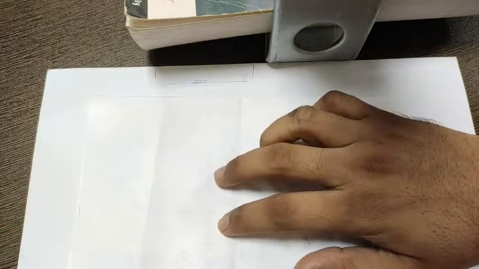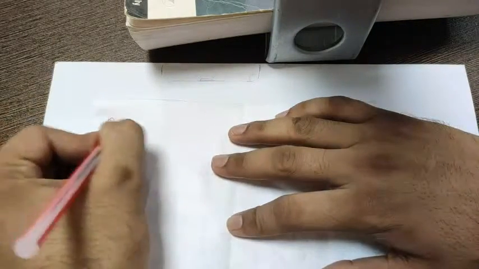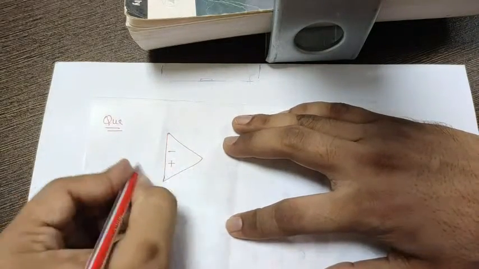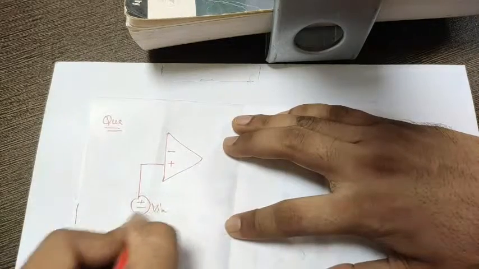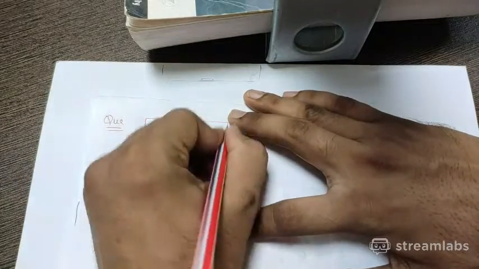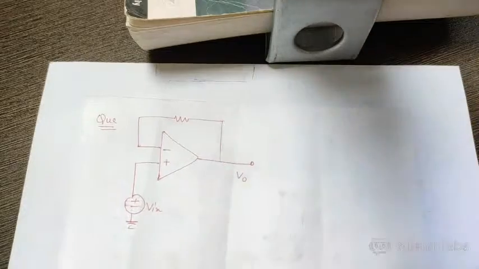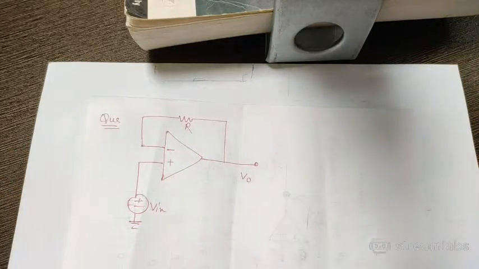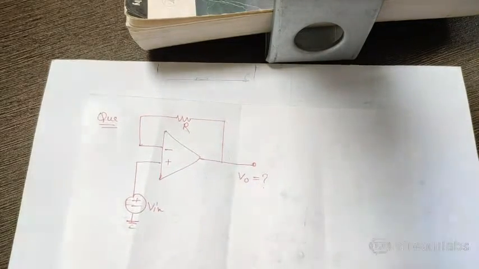Let me consider one more problem before time ends. The next problem of operational amplifier is like this. Input is applied at this terminal and there is one resistance and the output is like this. Determine the relation between output and input, or we have to find out this output voltage.